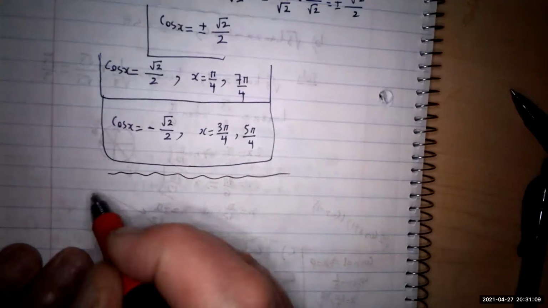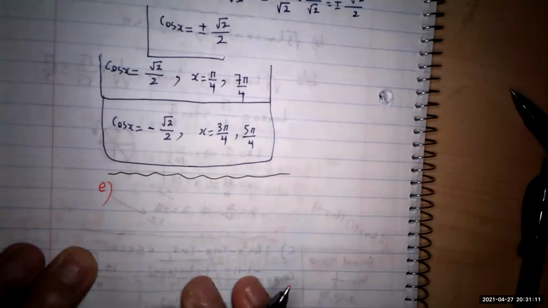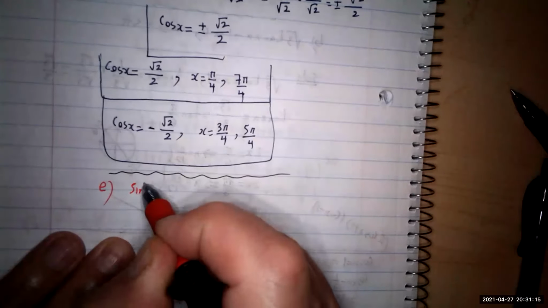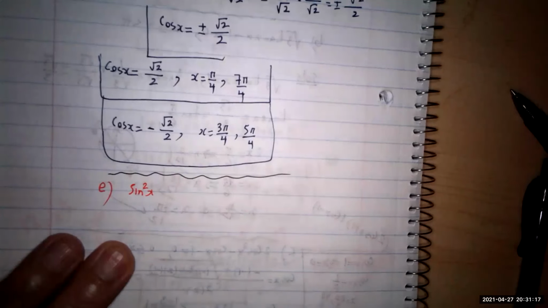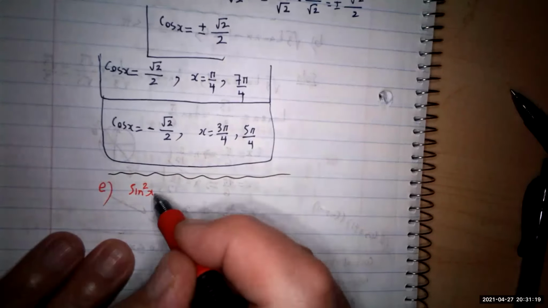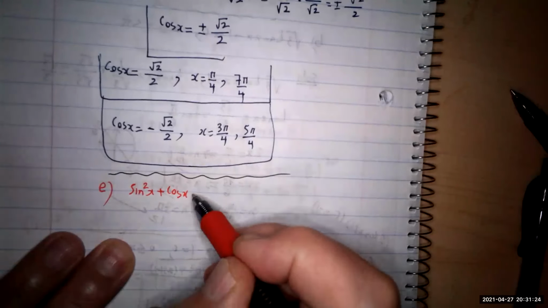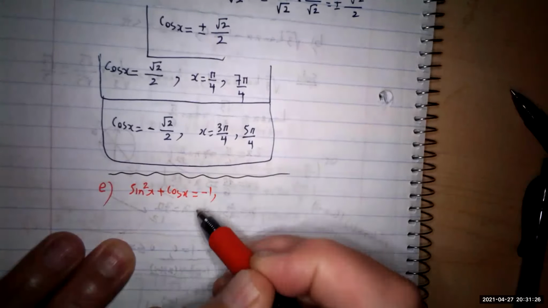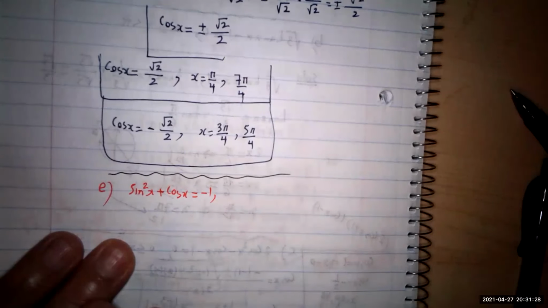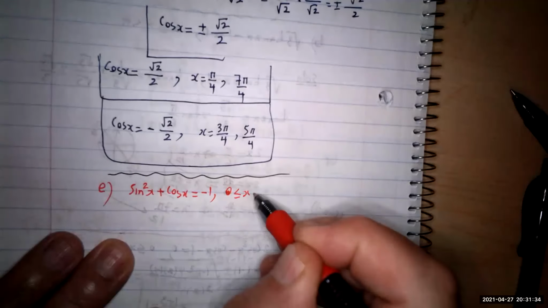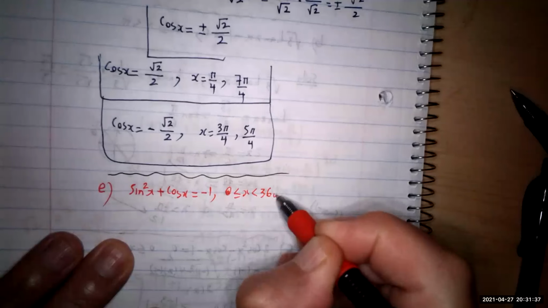So this is going to be part E. In part E, we have sine square of x plus cosine x equal to negative 1, and they ask this type of question between 0 and 360 degrees.